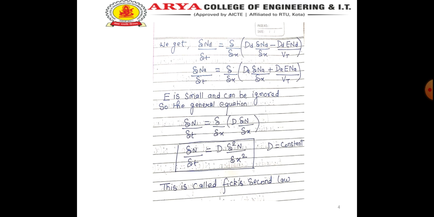So the equation comes to a general form as ∂n/∂t = ∂/∂x (D ∂n/∂x), where D is the diffusion constant, so it can be kept outside the bracket. Now we have ∂n/∂t = D ∂²n/∂x², which is called Fick's second law.